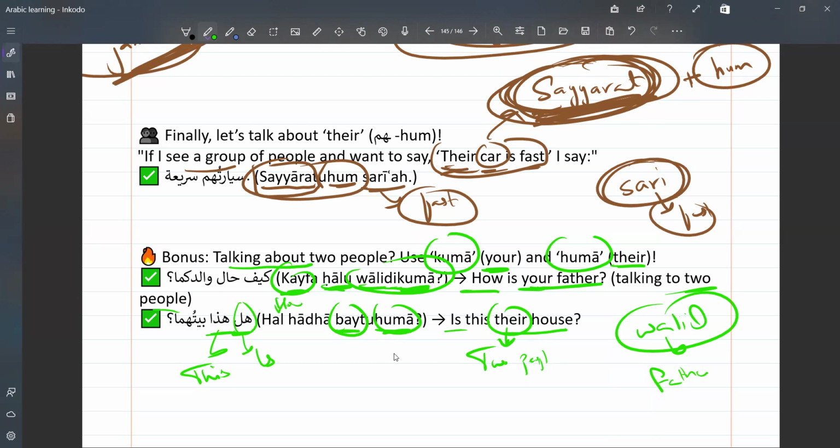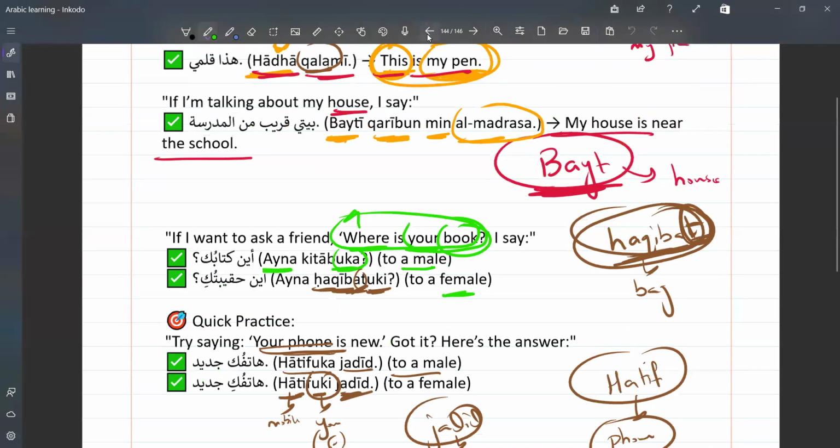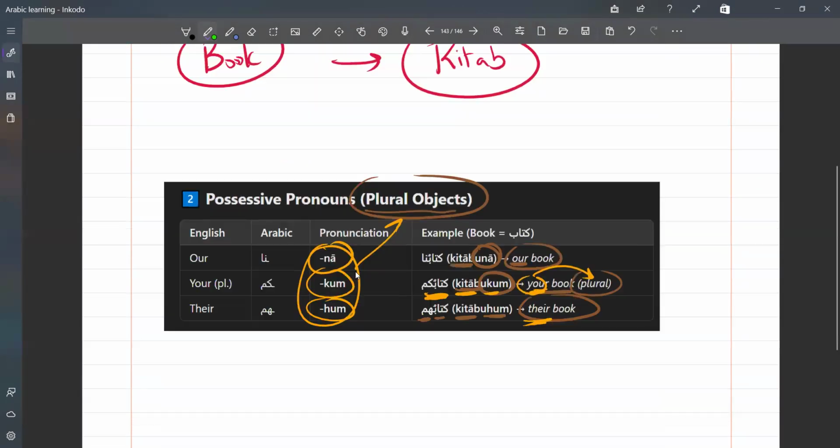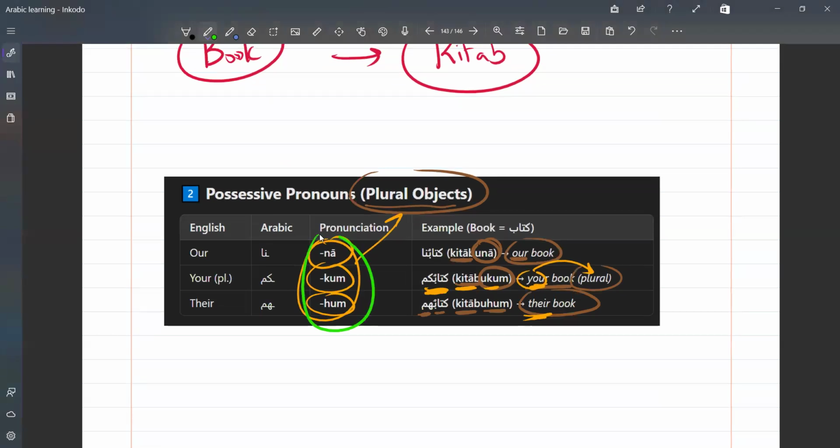So again, you have learned many things in this video, in these two parts. You have learned, first of all, the main possessive pronouns in Arabic, i, ka, ki, hu, ha, and for plural objects, na, hum.